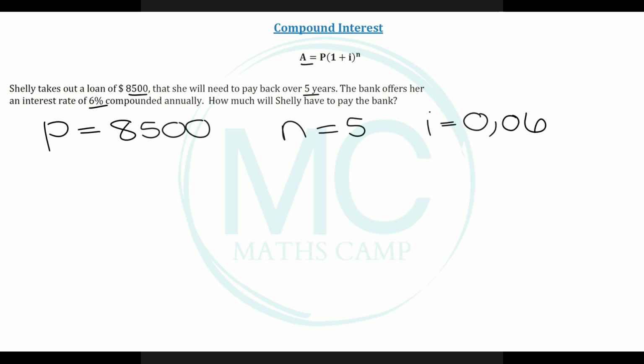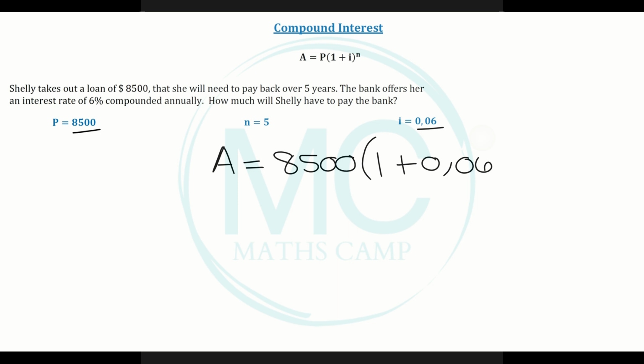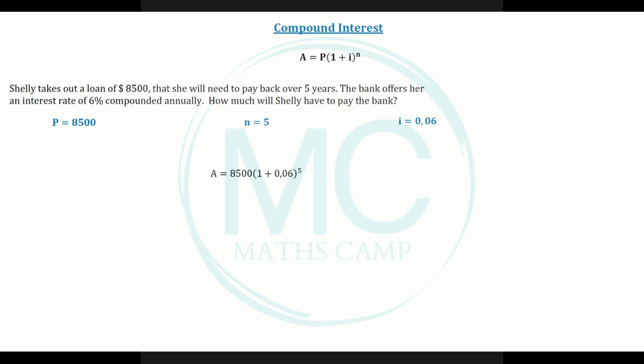Now that we have these values, let's put them into the formula. And we say A is equal to P, 8,500. Open our bracket, 1 plus the value of I, 0,06, to the power of n, which is 5. Now we have 8,500.